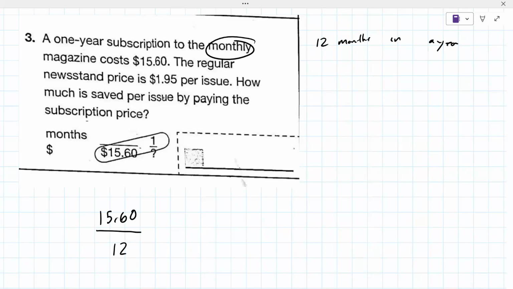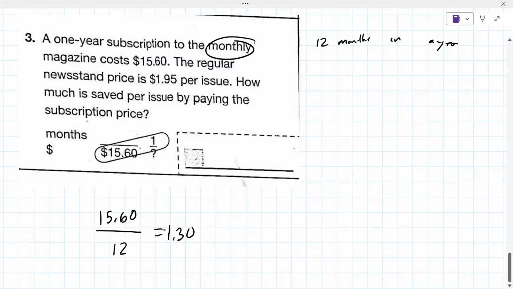So 15.60 times 12 or divided? The fraction bar means division. 1.3.